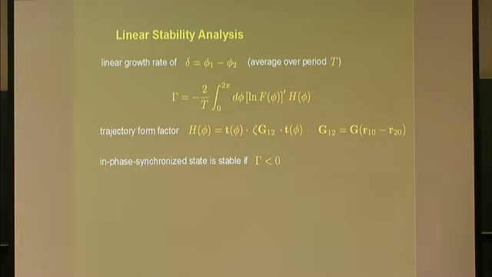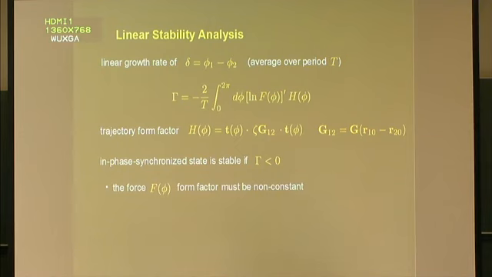So the in-phase synchronous state is stable if gamma is negative. For that, the force must be non-constant because here we have a derivative of F. So the variation of the force is essential.